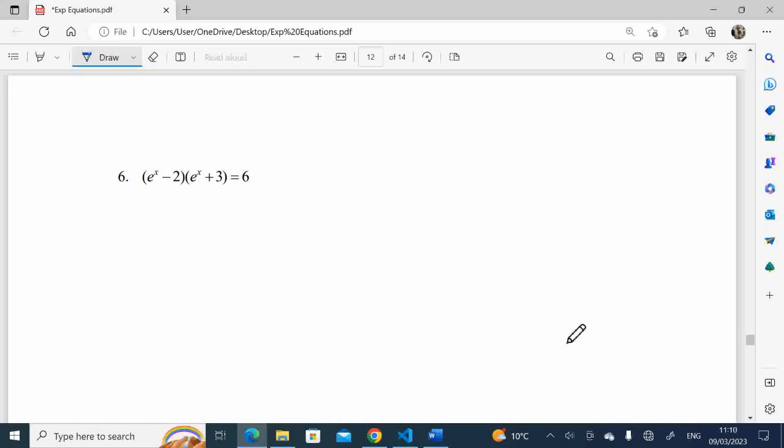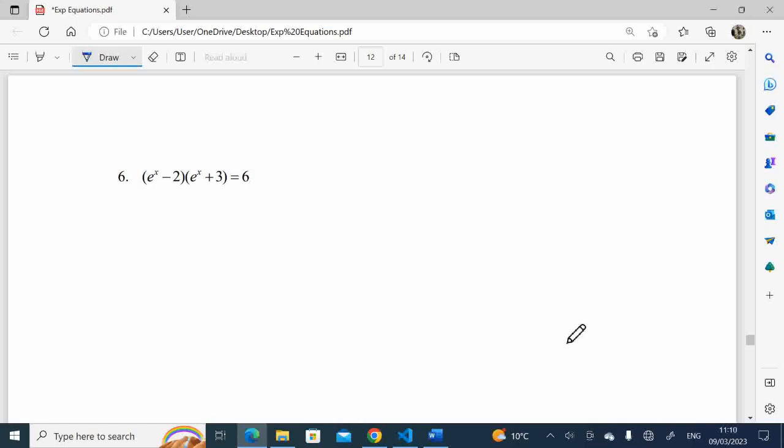If we go to equation number 6, we have (e^x - 2)(e^x + 3) = 6. Now, the previous equation was equal to 0, so we set the first factor equal to 0 or the second factor equal to 0. In this case, the left hand side equals 6. The product of factors equals 6. It doesn't mean the first factor equals 6 or the second factor equals 6.